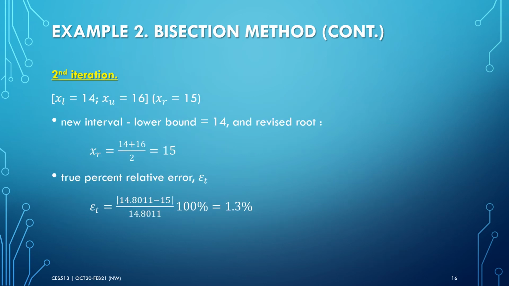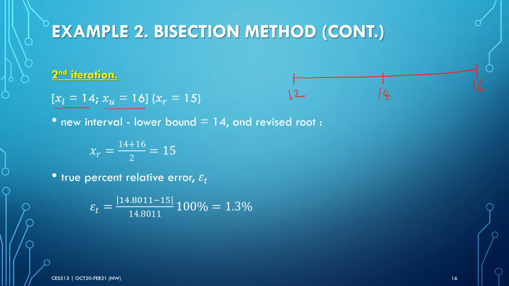Following the first iteration, the new interval is created by redefining the lower bound as 14 and the upper bound as 16. From the first iteration we have 12 to 16, and the estimated root for the first iteration is 14.